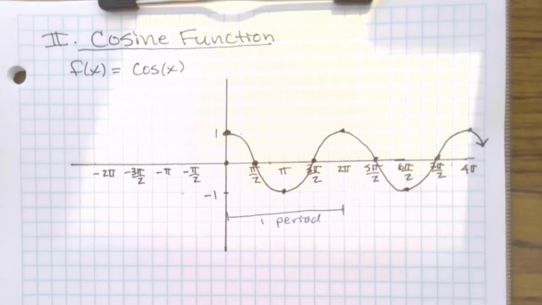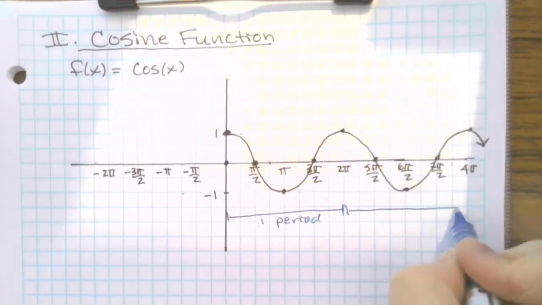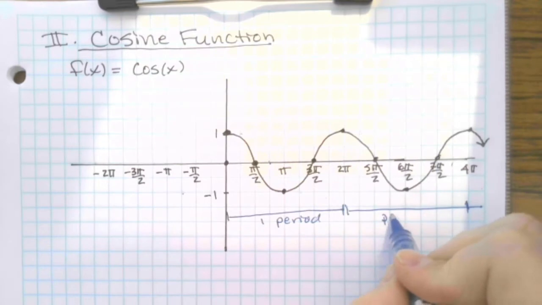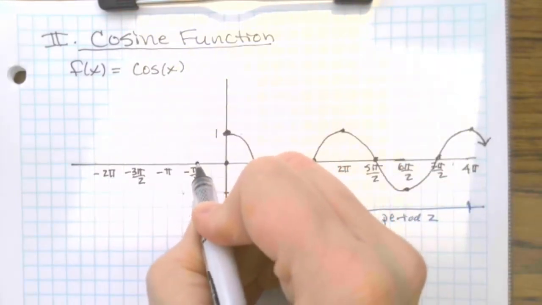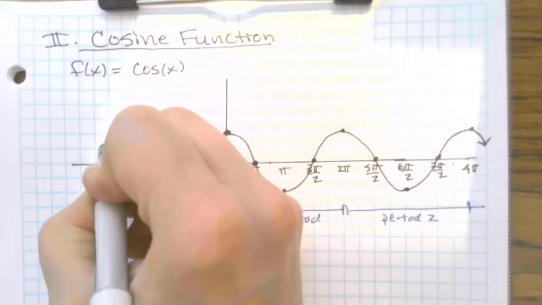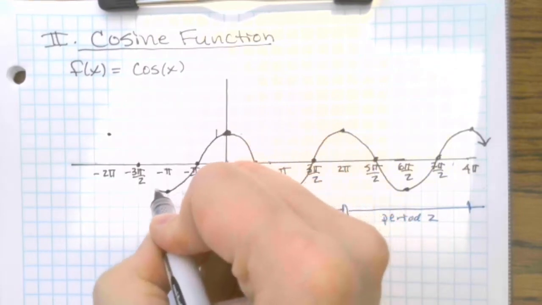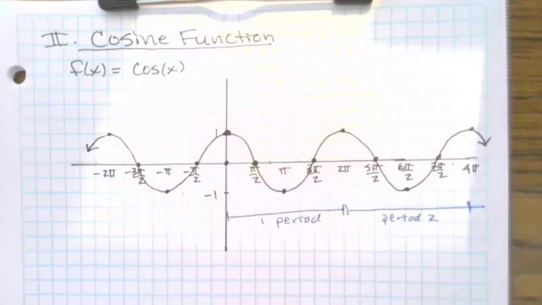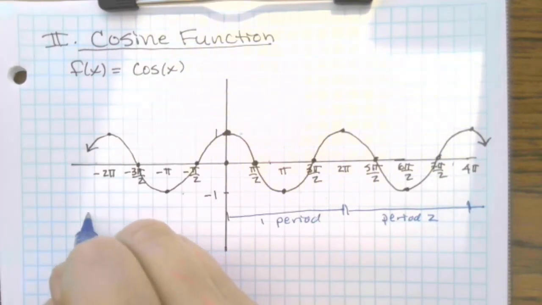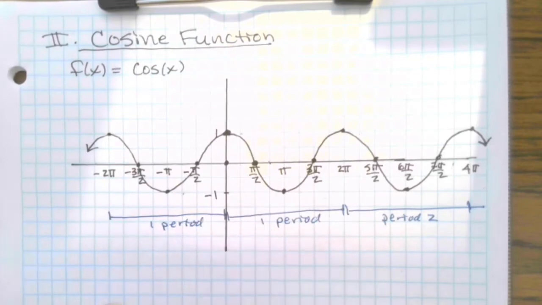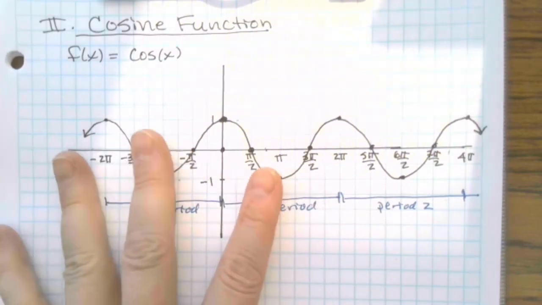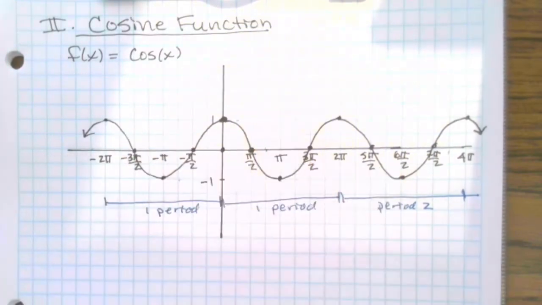Put an arrowhead on it. And from there to there is period 2. All right, on the left, it goes backwards. 0, negative 1, 0, positive 1. Put an arrowhead on it. And that is from 0 to negative 2 pi, that is 1 period in the negative direction. So really, a cosine wave looks just like a sine wave that's been moved over.